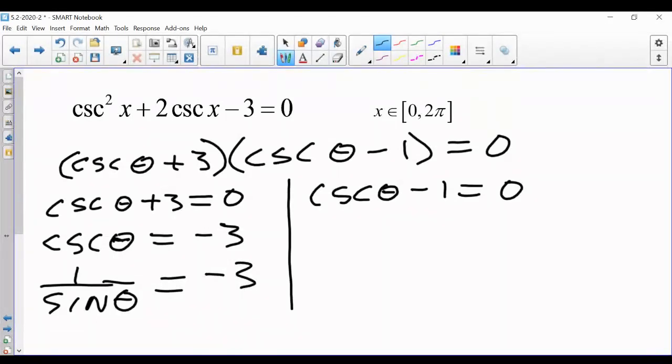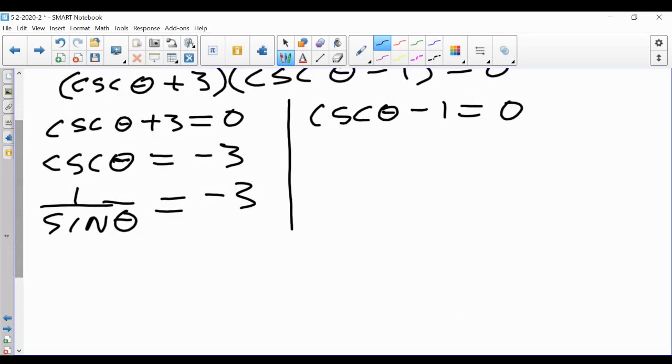All I'm doing is changing cosecant into what cosecant is, which is 1 over sine. And then I can flip the two sides of this equation. This 1 over sine, if I flip it over, will become sine theta. But if I flip over one side, I have to flip the other side over as well. So minus 1 over 3.